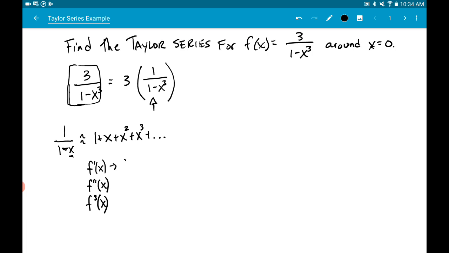And if you actually find f prime of 0, it equals 0. And if you find f double prime of 0, it also equals 0. And if you had the patience to actually find f triple prime, it wouldn't equal 0. And so the series does exist, but there's a quick way to get it.